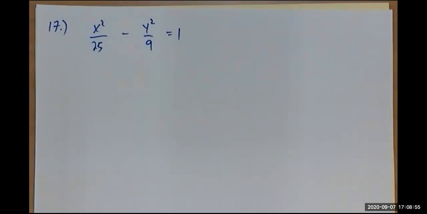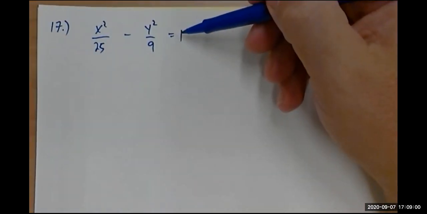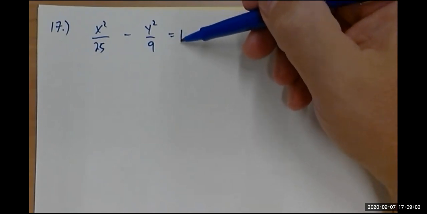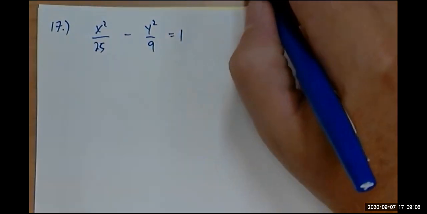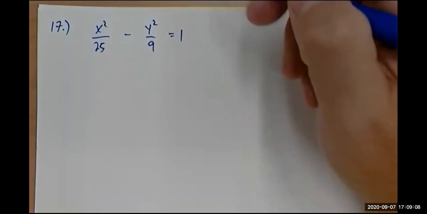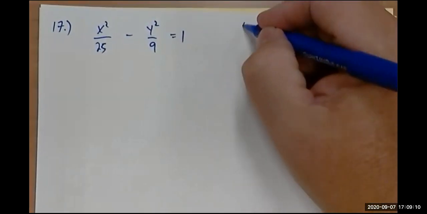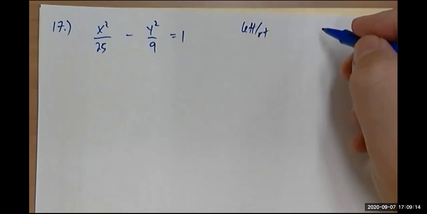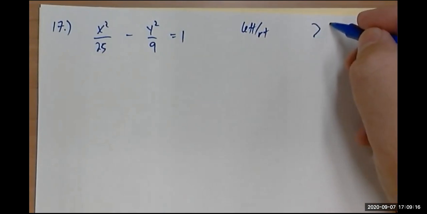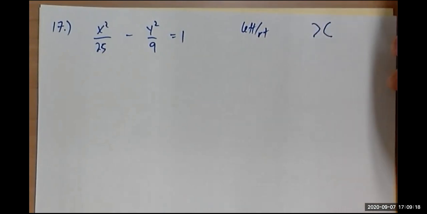So if you compare this, first of all, it's in standard equation form. I got a 1 here. My denominators are numbers, so I'm good to go there. If I look at my equations, this is going to be a left or right hyperbola, which means it's going to end up looking something like this.